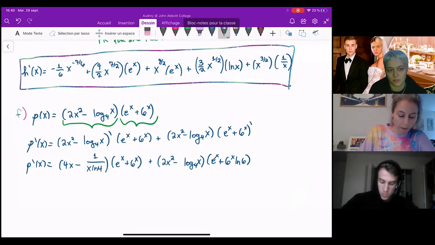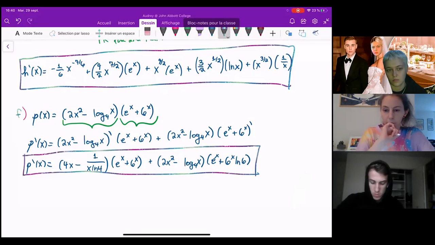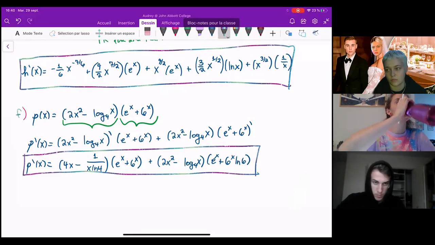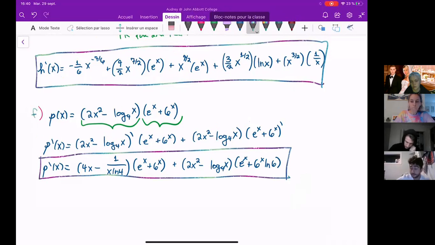Are there any questions about this answer right here? Any questions about the product rule in general? Good job, Cam. Awesome. Okay, so that's the product rule.